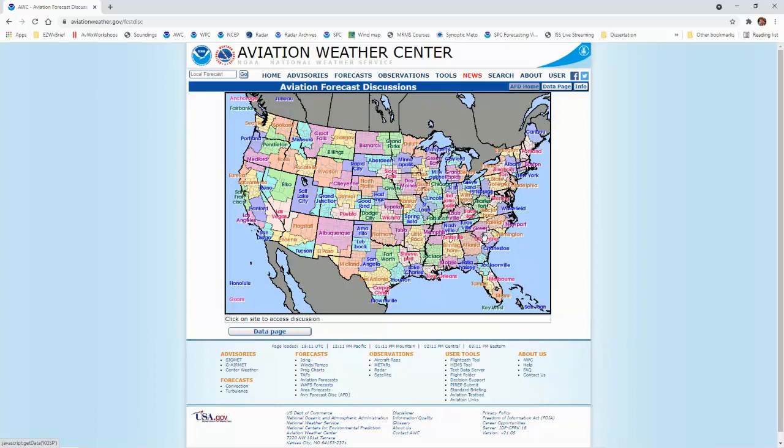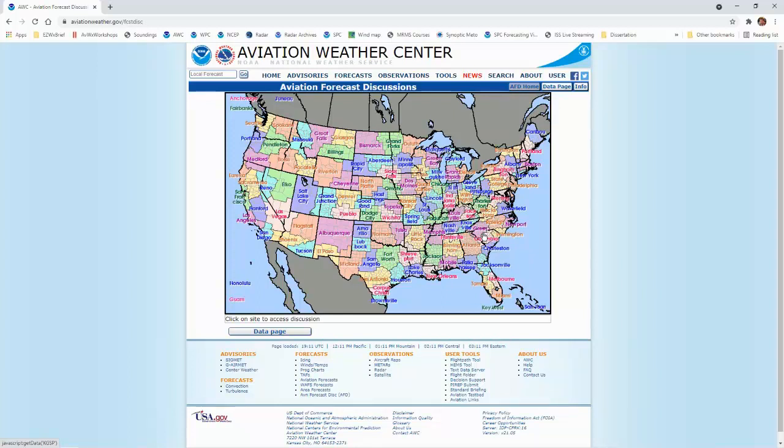So in effect, the weather you see on the Prog charts and in the TAFs, at least during the TAF's valid time, which is 24 or even up to 30 hours, should match up pretty darn well. And there's some caveats to that that I'll explain in a bit. But that's the good part about it.